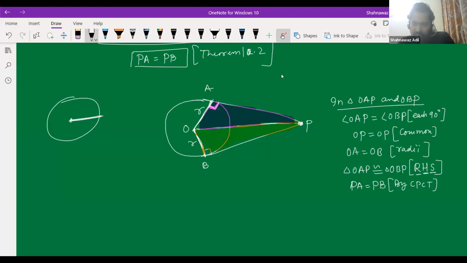Note that part, and also remember that these two angles are also equal. Let's say if this is 1, this would also be 1. If this is 2, this would also be 2. I will write that part: angle APO equals angle BPO by CPCT, and also angle AOP equals angle BOP by CPCT.